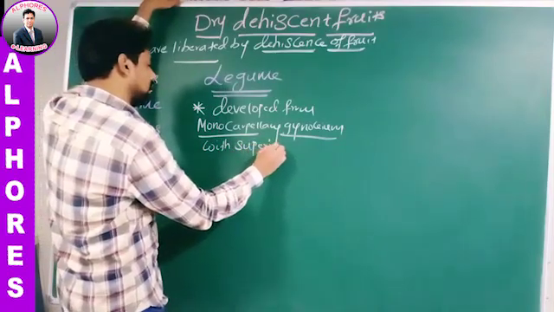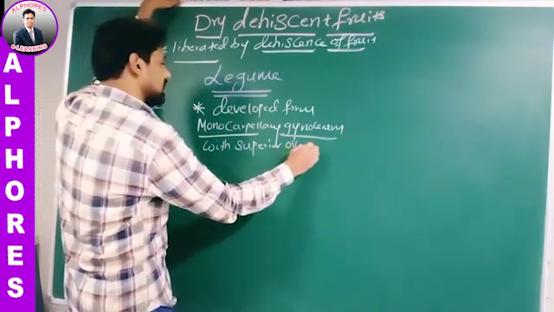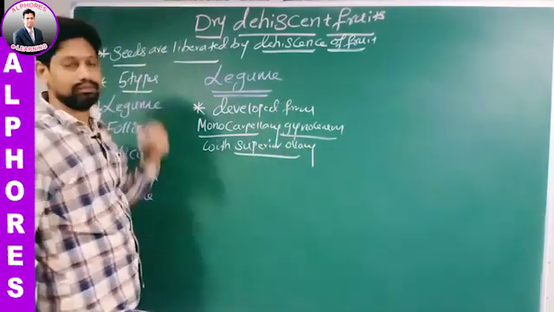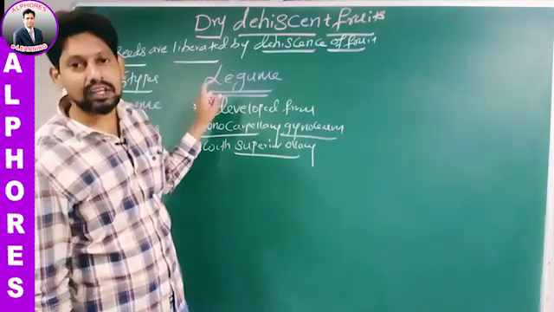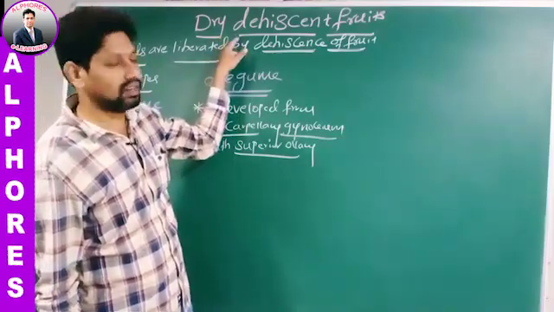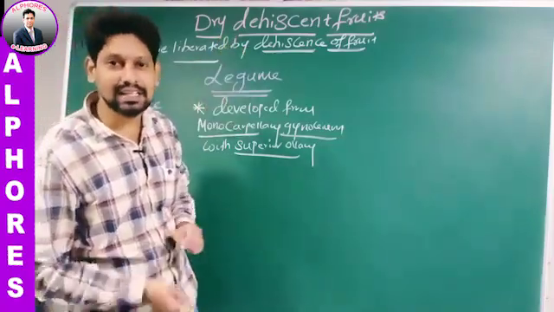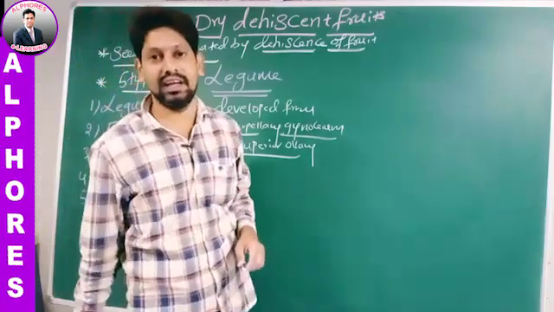Superior ovary. We are discussing legume, right? Legume is a type of dry dehiscent fruit. Dry dehiscent fruit means the fruit has to dehisce, right?